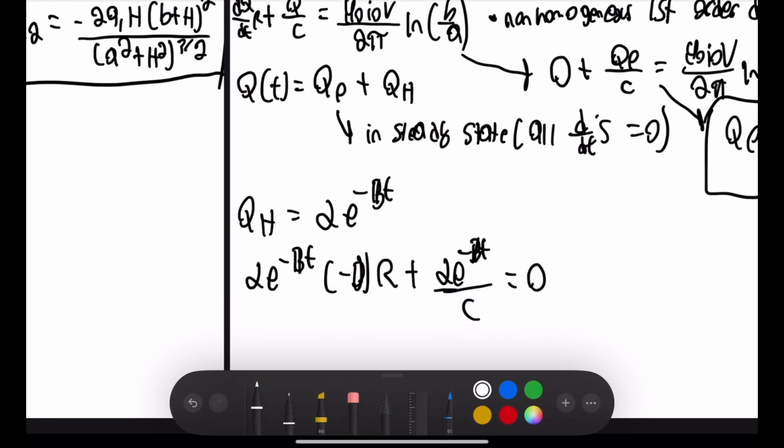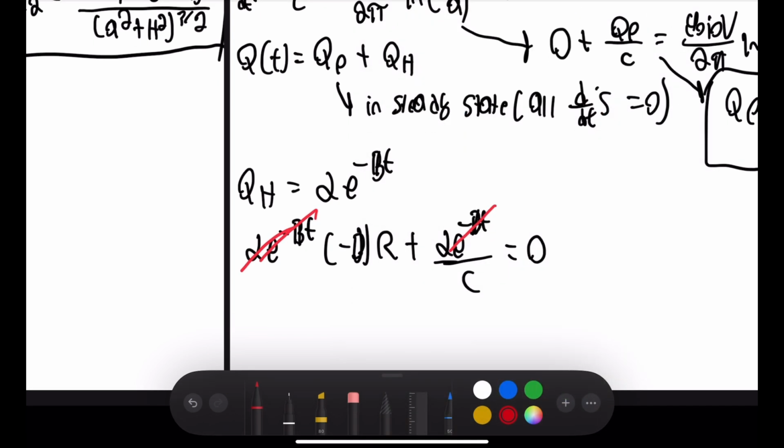And in this step, you always solve for beta. So divide by alpha e to the negative beta t. You get negative beta R. I move this to the right. It's equal to negative 1 over C, or that beta is 1 over RC.